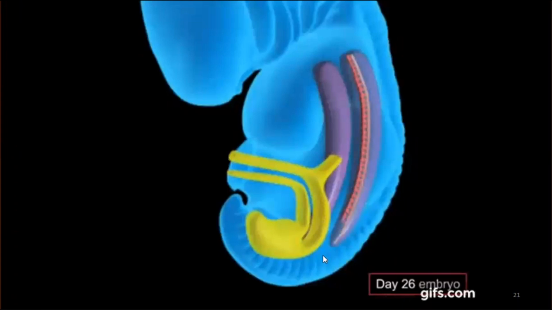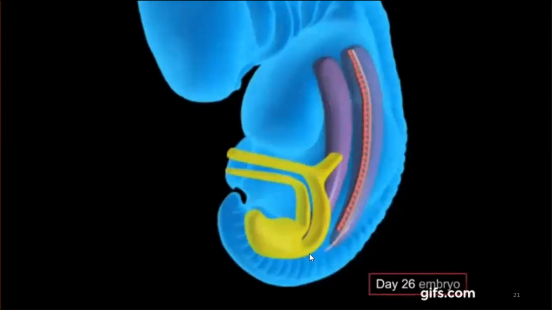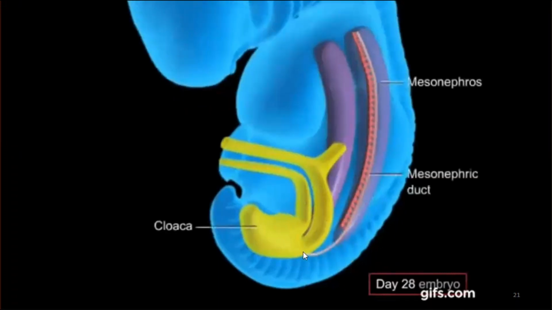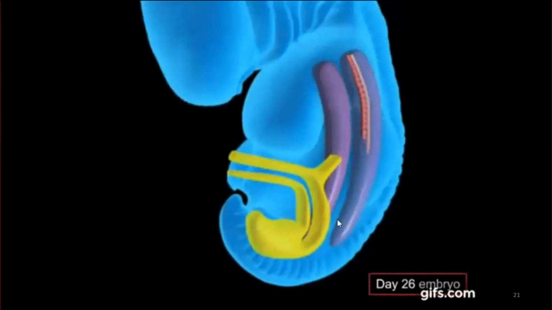And this duct reaches the primitive digestive tube, the primitive rectum, and there is a common sinus for the urinary and digestive systems, so it's a common rectum and embryonic primitive urinary bladder, and we call this cloaca.